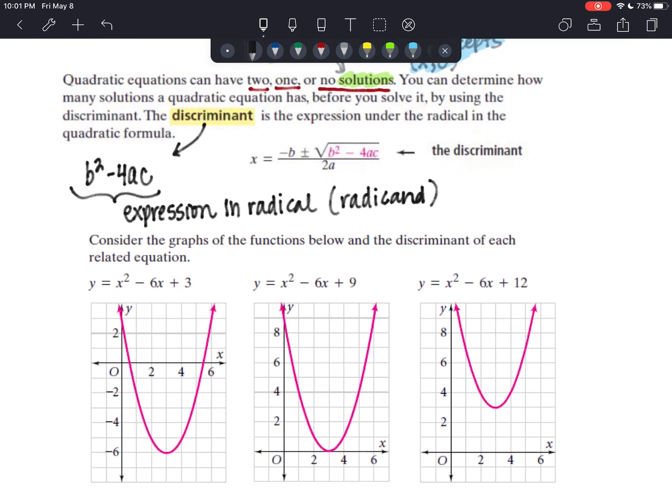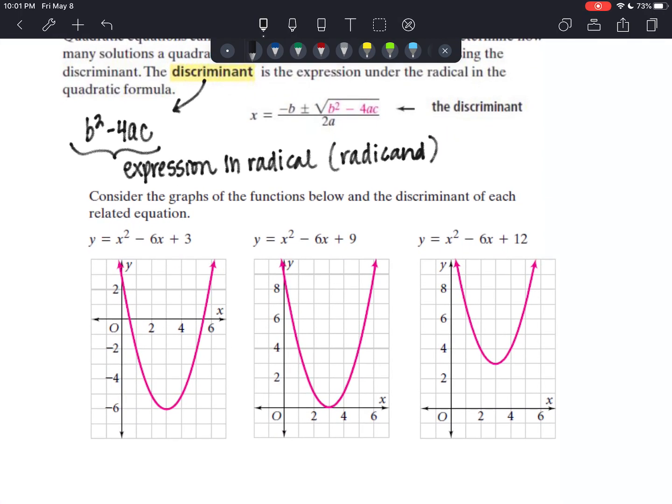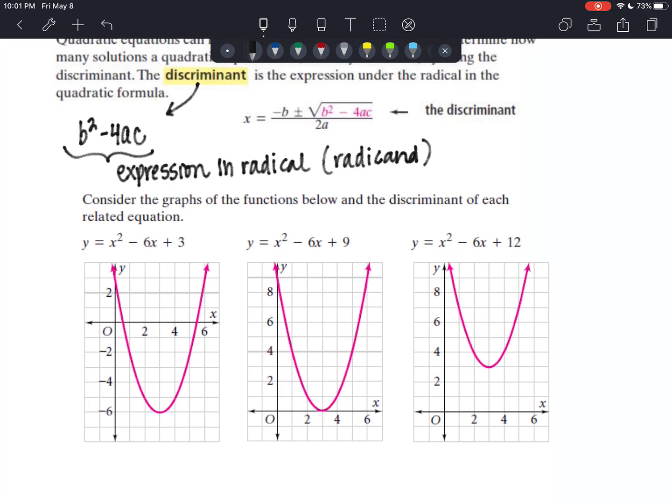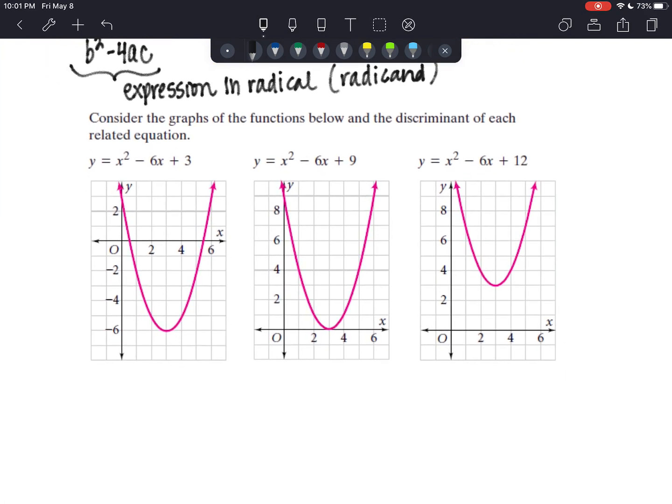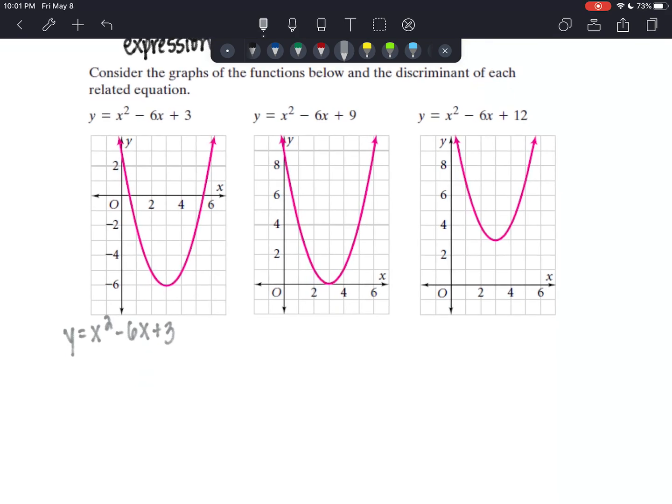I'm going to show you how to find the discriminant and determine whether we have 2, 1, or no solutions. Here we have y equals x squared minus 6x plus 3, and a graph that goes along with that equation. If I didn't know what the graph looked like, I'd say a equals 1, b equals negative 6, and c equals 3.